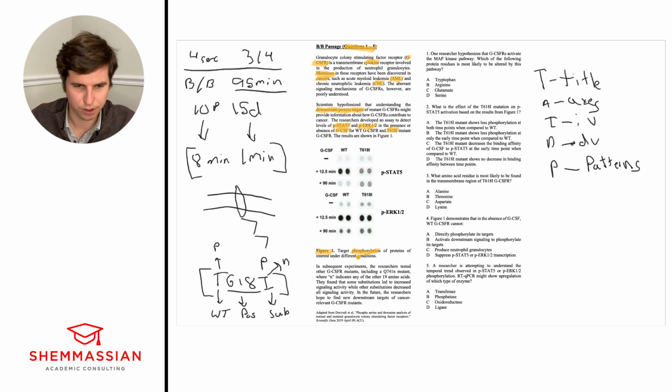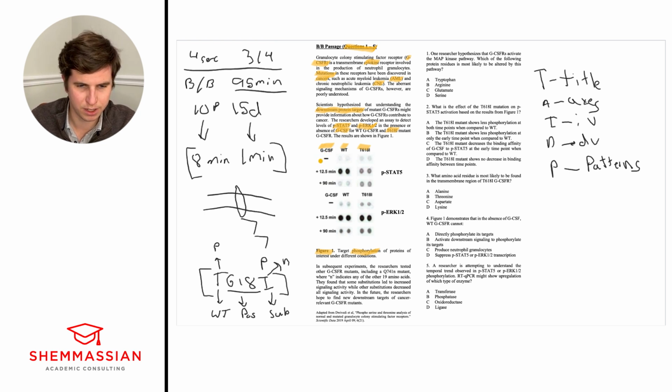Okay, now let's look at our axes. Across the top here, we have GCSF, wild type, and our mutant, as we would expect. What's our independent variable? It looks like we are changing the concentration of our cytokine, GCSF, which is our ligand.